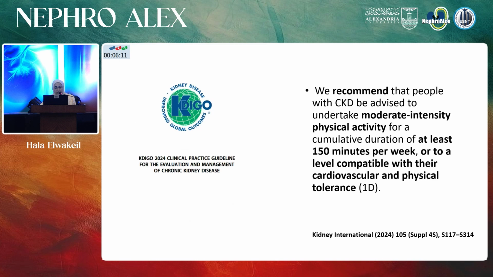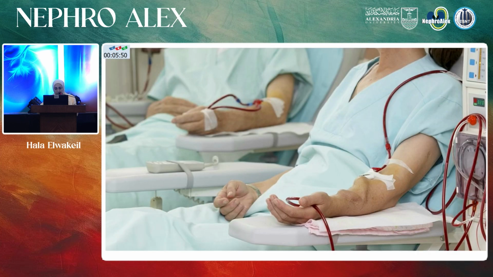Physical rehabilitation is a very important issue to apply for managing your frail patients, and KDIGO recommends moderate intensity physical activity for at least 150 minutes per week, or to a level compatible with their cardiovascular and physical tolerance.